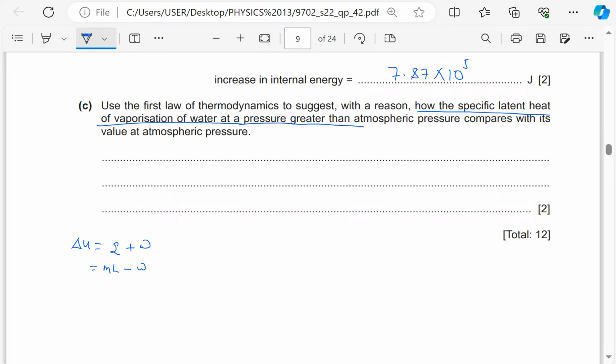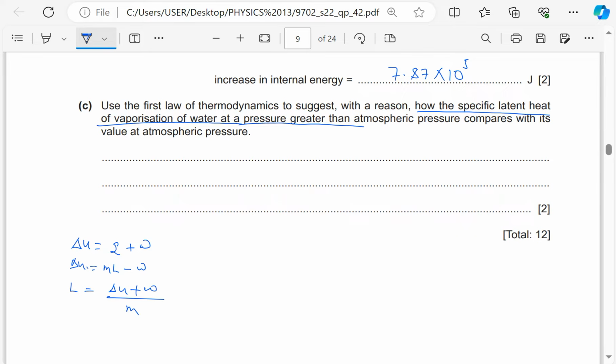So the specific latent heat of vaporization L is the increase in internal energy plus the work done, divided by the mass.